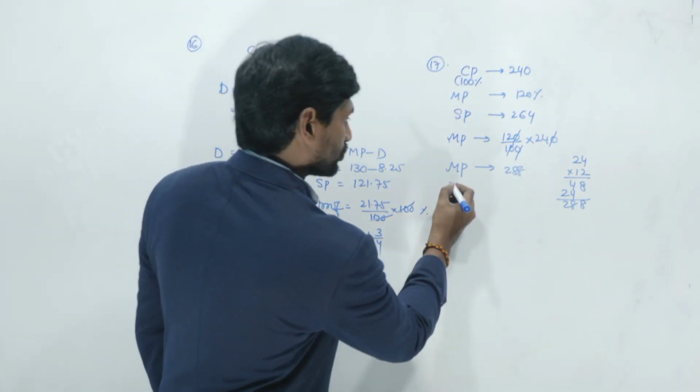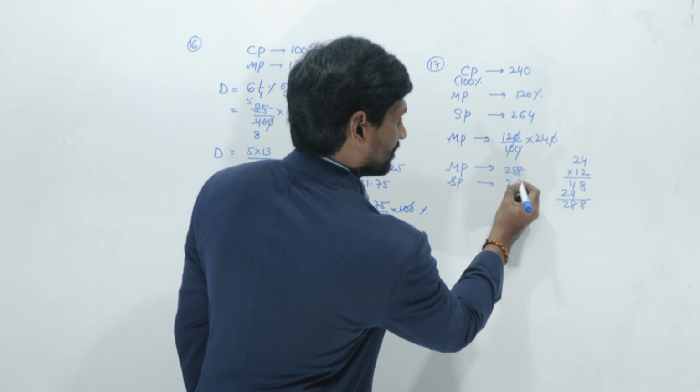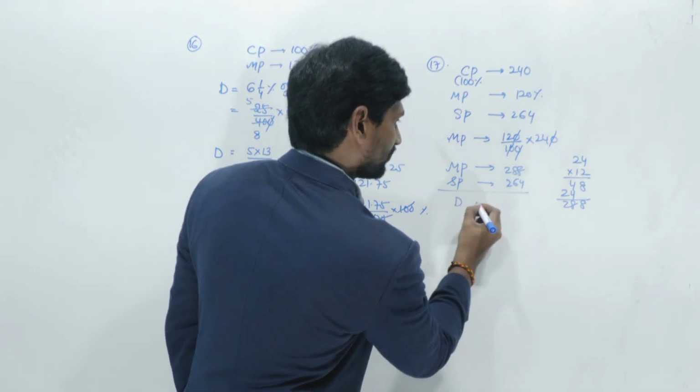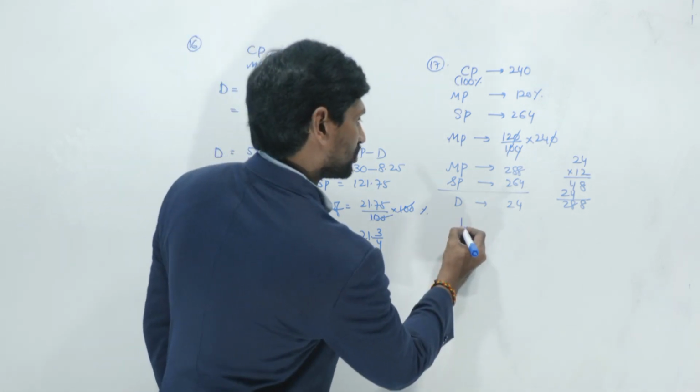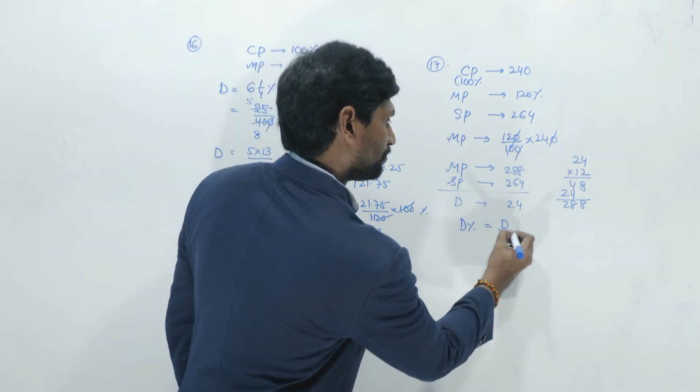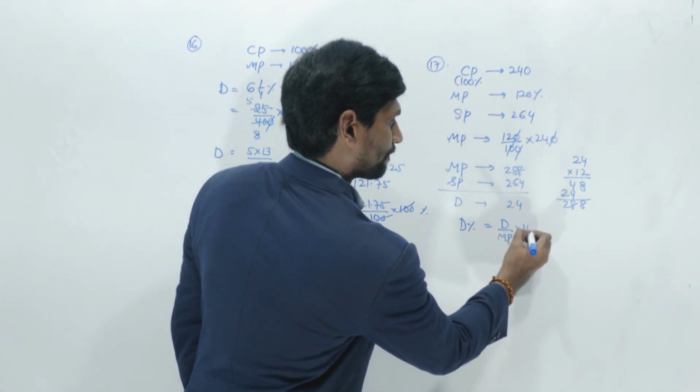But selling price is 264. Then discount will be 24 rupees. So discount percentage we should find. Discount percentage depends on market price.